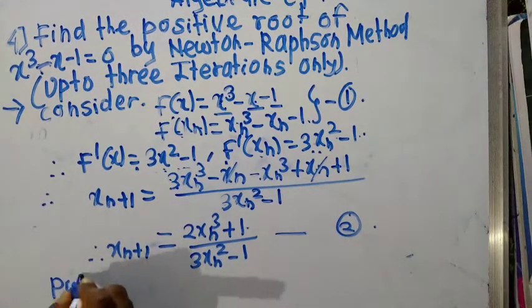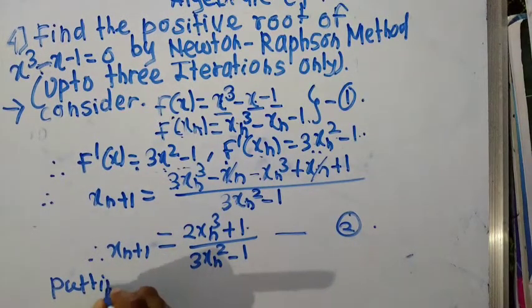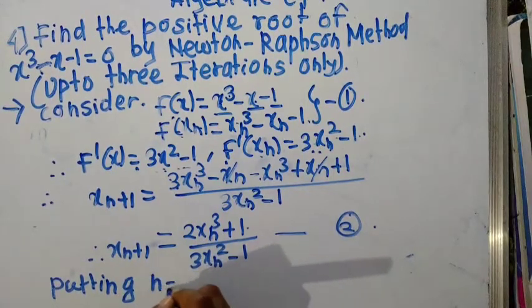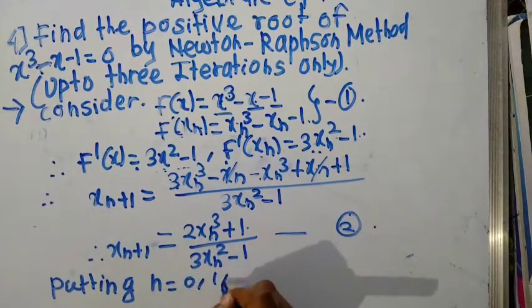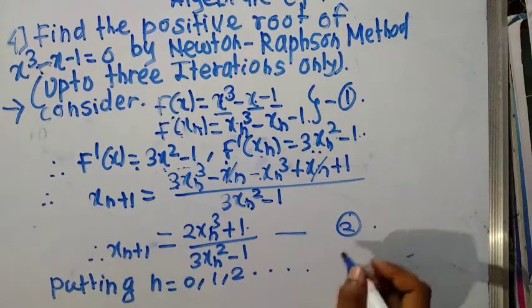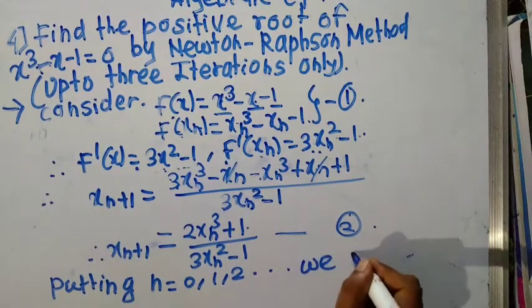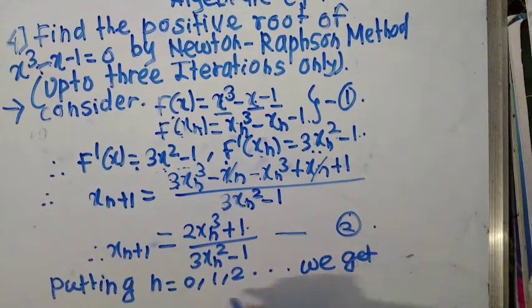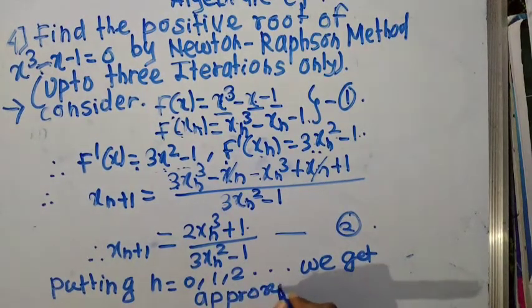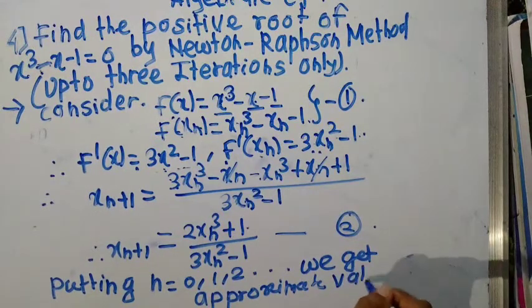Then putting n is equal to 0, 1, 2 and so on, we get the approximate value of x.